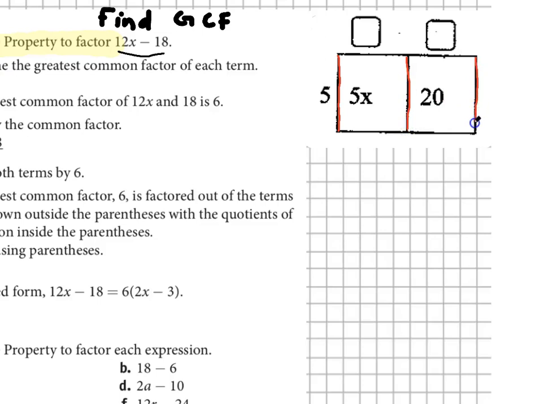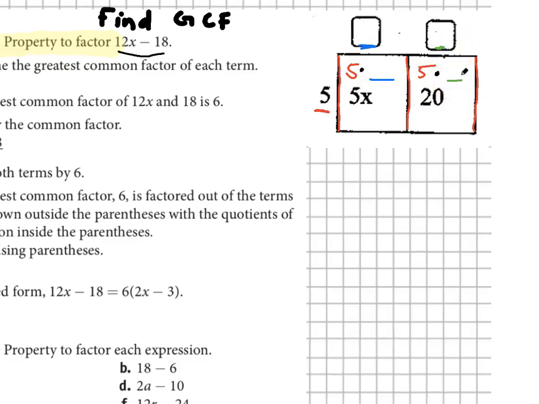Now the numbers inside are products of two numbers. This I get from multiplying the number on the outside times the number on top. Okay, so if I have my two numbers in here, this is 5 times something, 5 times the number on top to make 5x.